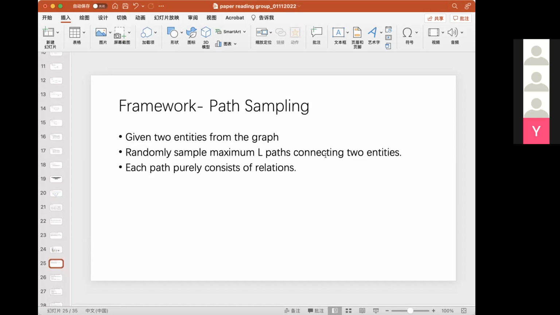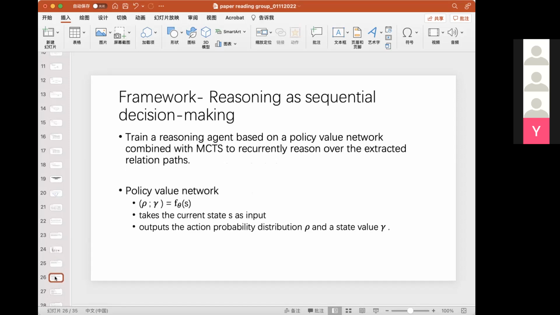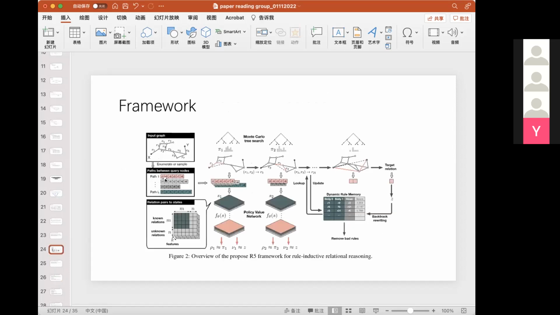Based on these L paths, we will construct a set of sequences, and each sequence will only consist of the relations in the path, just as shown here. So here is an example path, and by extracting the relations in the path, we obtain this sequence of relations.